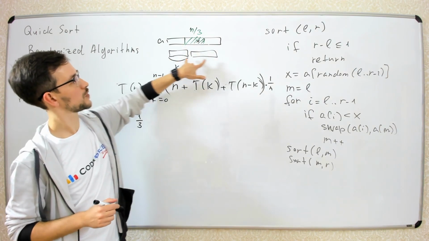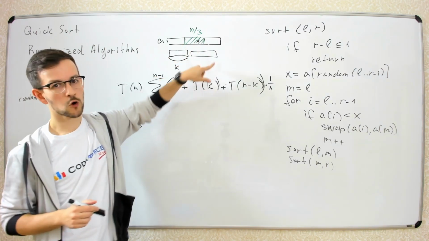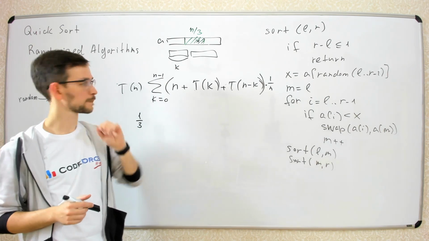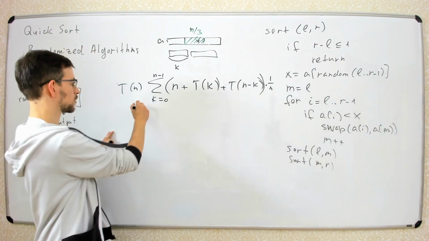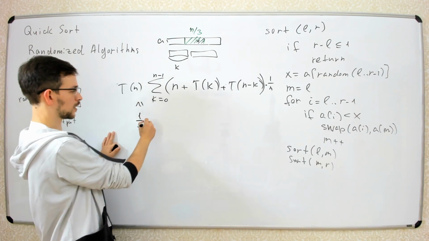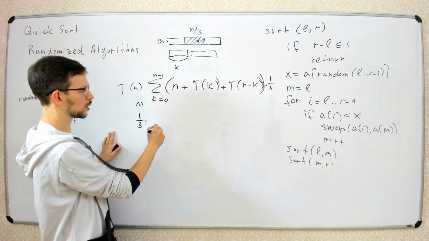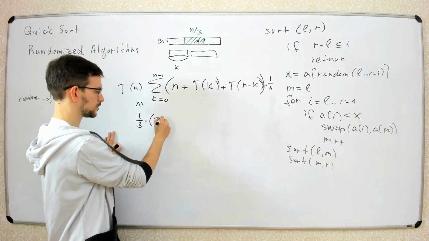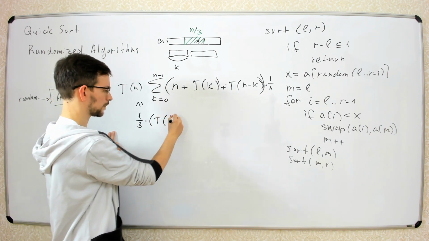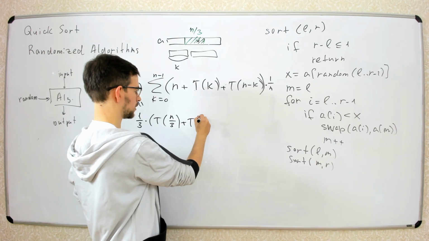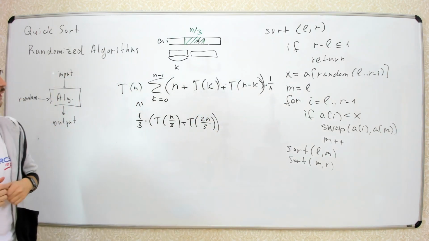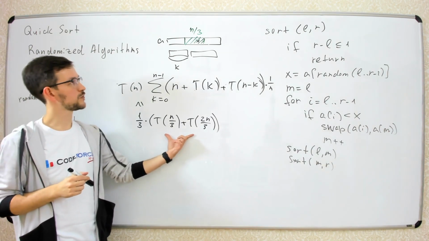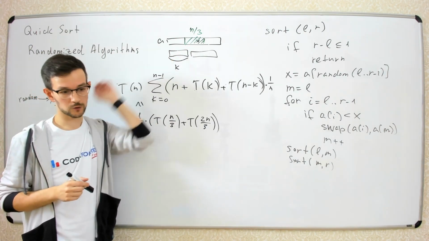So the size of each of these parts will be no more than 2/3 of n. So this sum will be no more than T of n over 3 plus T of 2n over 3. So this happens if you pick one of the elements from this middle group.